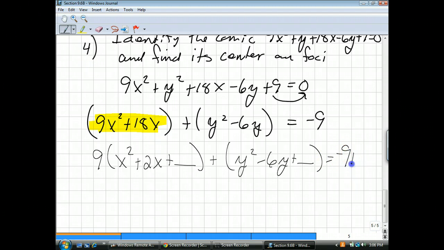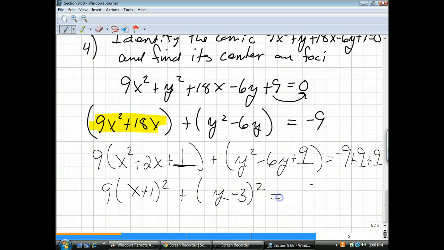And that means on the other side we're going to add 2 things. The thing I'm going to add for the x's to make it a perfect square is a 1. But what I'm really adding is 9 times 1, or 9. So I have to write a 9 over here. Then for the y's I have to add a 9. So I have to add a 9 over here. So this is 9 times x plus 1 quantity squared plus y minus 3 quantity squared equals 9.